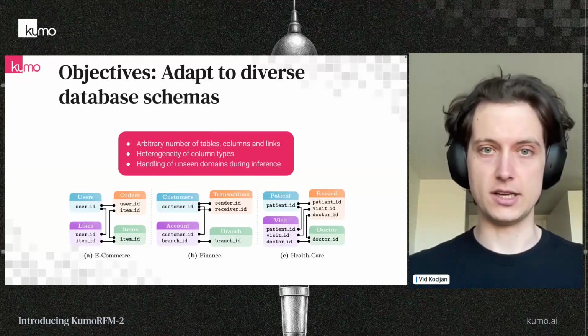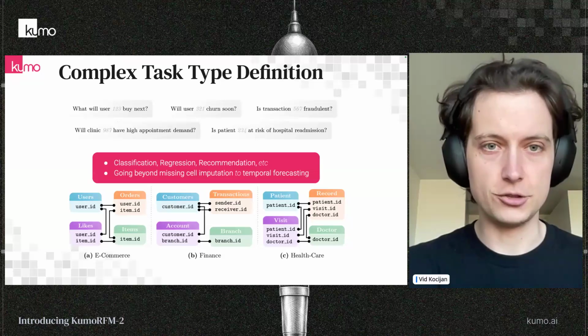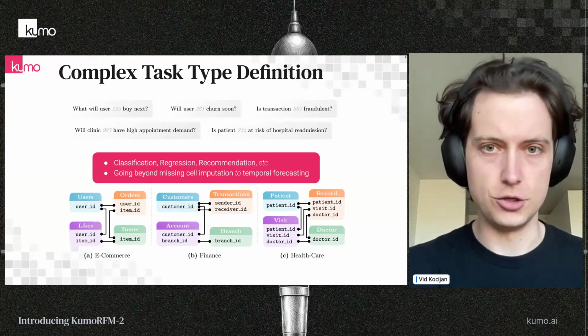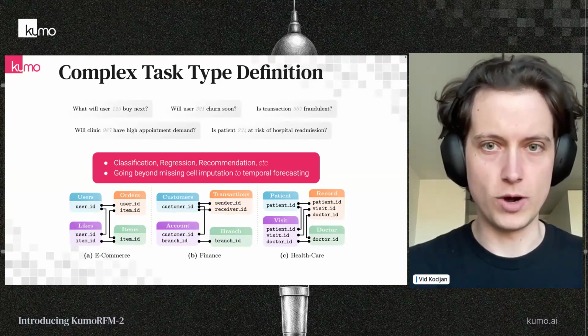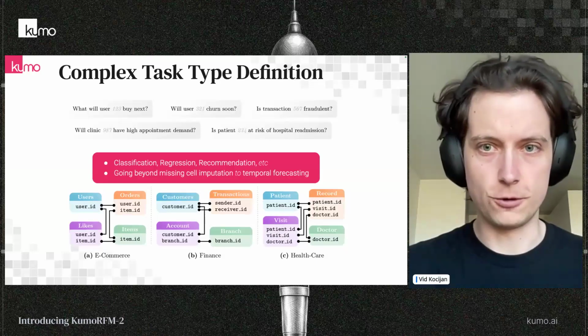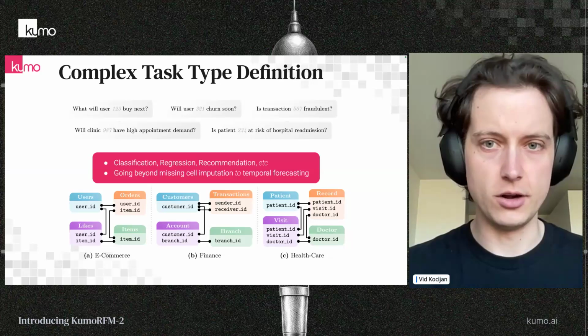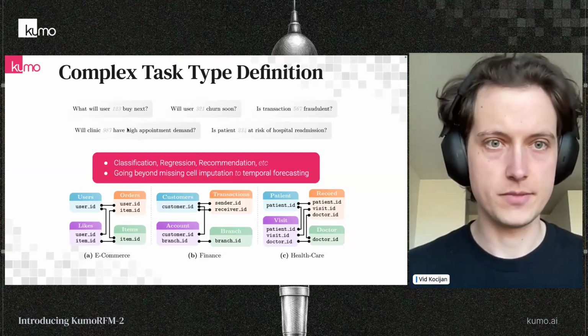But diverse input data is not the only source of complexity. Just like the underlying schemas, tasks greatly differ in their properties. They range from one-off assessments that only require missing value imputation, for example, predicting whether a transaction is fraudulent, to tasks with a long time window, such as forecasting demand.